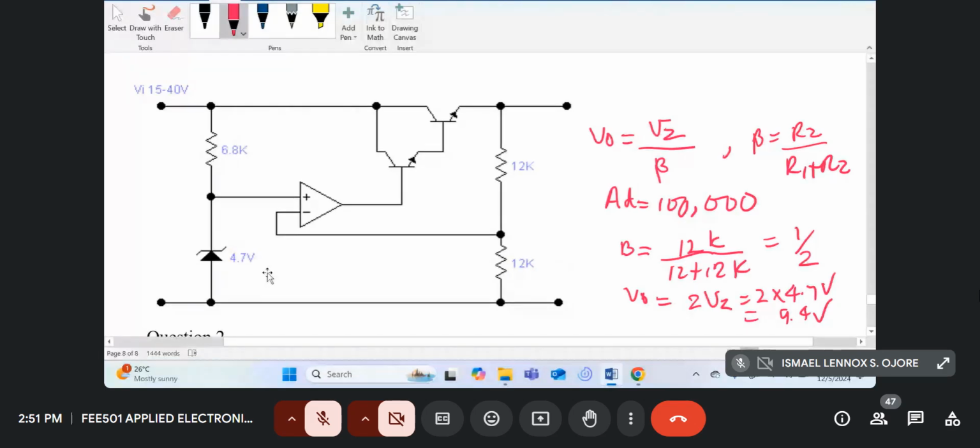Similarly, your Zener diode might be affected very slightly by temperature changes because it's a diode. So those are some of the things you have to take into consideration. You might design it very well and it works in a computer simulation exactly, you get 9.4 volts. But when you go to the lab to build the real thing with real components, you find it's not the case.